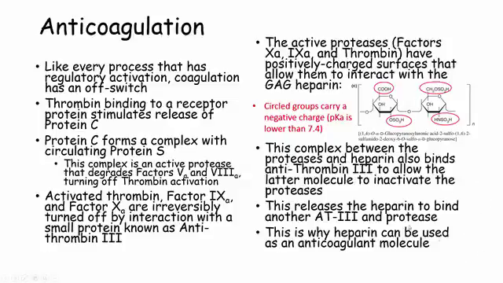For this reason, heparin is frequently used as an anticoagulant molecule, particularly if some procedure is going on that requires coagulation to be decreased, or particularly in patients who suffer from excessive coagulation problems.